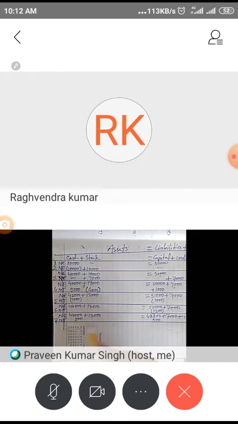Now the new equation will be 44,500 cash plus 13,000 goods equal to 49,300 capital plus 7,000 creditor and plus 1,200 outstanding expenses.